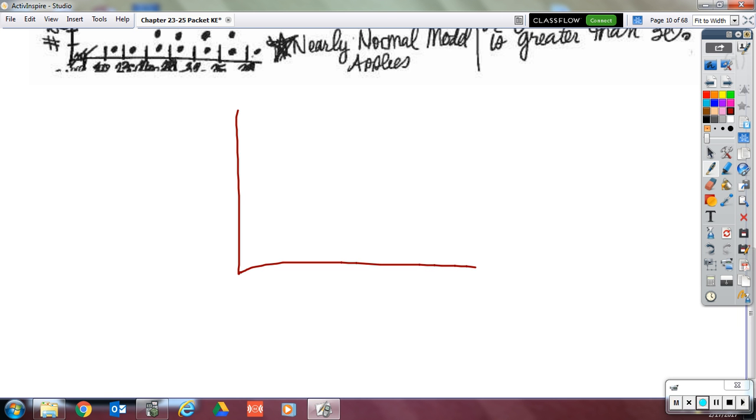You know how this class is so much about context. So we're going to be recording their speeds, and then we're going to be doing the number of cars that are reaching those speeds. So over here is the number of cars. And down here on the bottom, I'm going to put amounts of their speed. So what will this be down here on the bottom? Their miles per hour or their speed of the car.